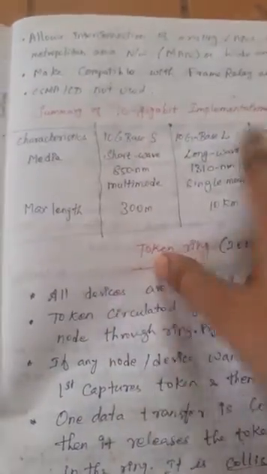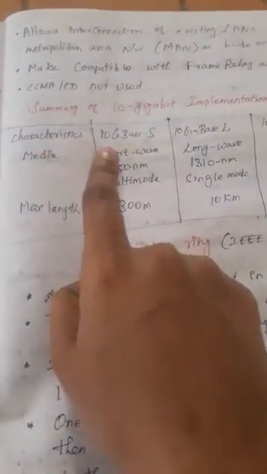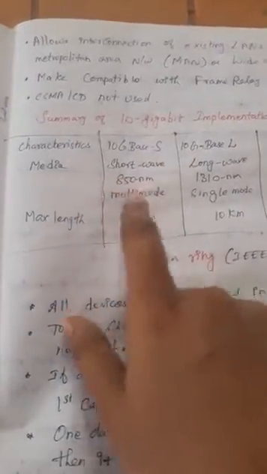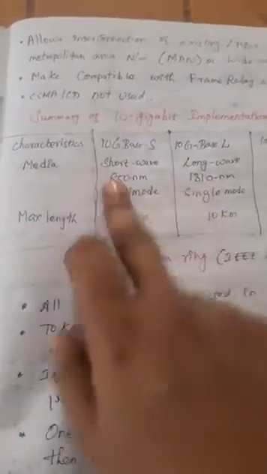Here is the summary of 10 Gigabit implementations and their characteristics.